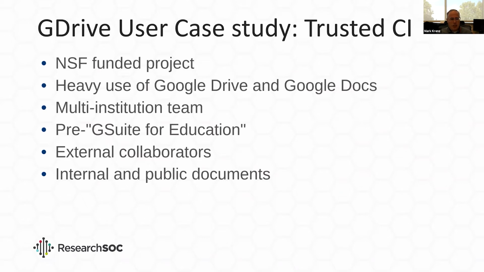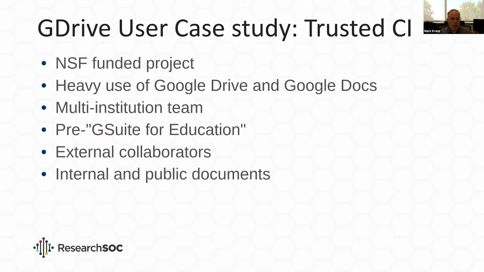We have a lot of external collaborators. We do engagements with lots of different projects, and so we have to share documents with those projects as we work with them. We have internal documents, classified as internal, that are restricted to just Trusted CI staff, and also public documents that we share, like the Trusted CI framework, that are intended to be shared with the public.